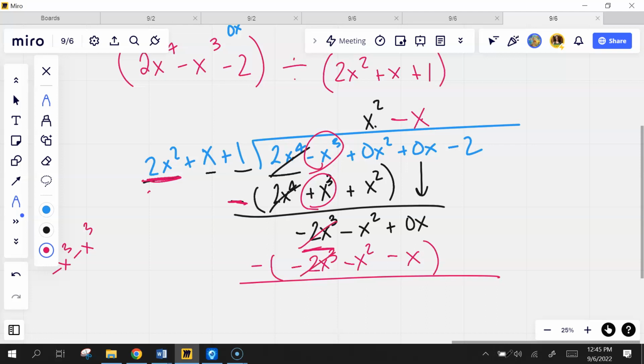So this cancels, and it leaves me just with x, and I drop down the next term. It's minus negative x. So what's the problem now? 0 minus negative x, yeah.